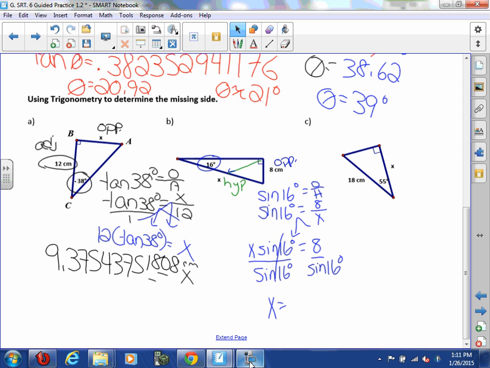I don't understand how to label it. Well, across from the angle is the opposite, and there's no green in there. Yeah. How do we do cosine? Yeah.